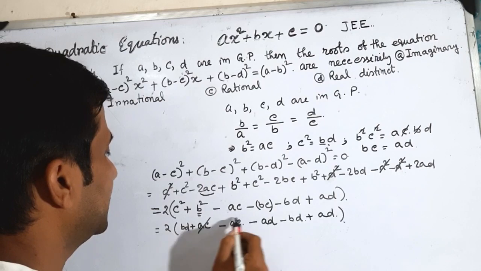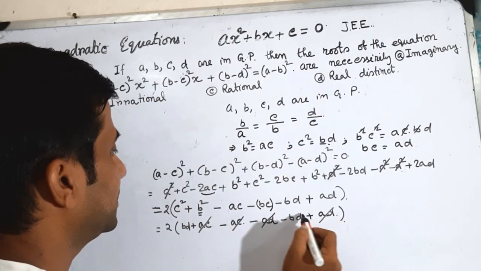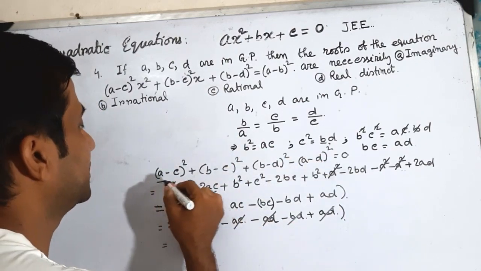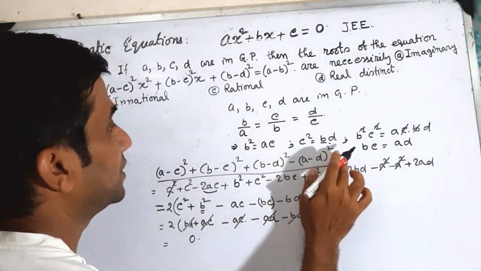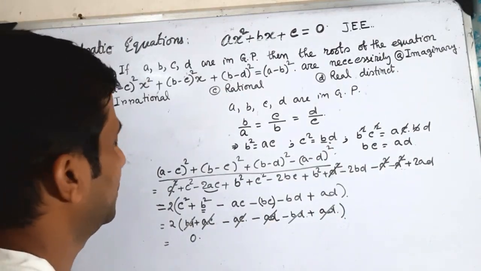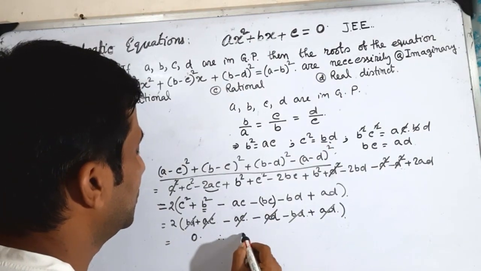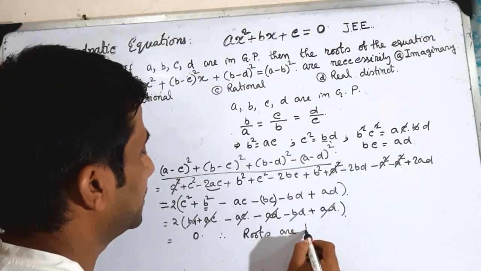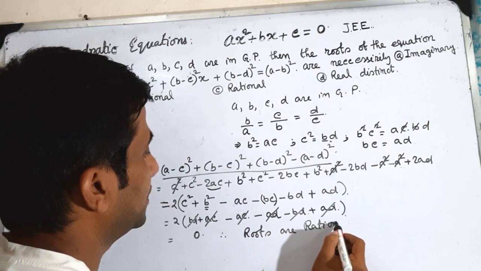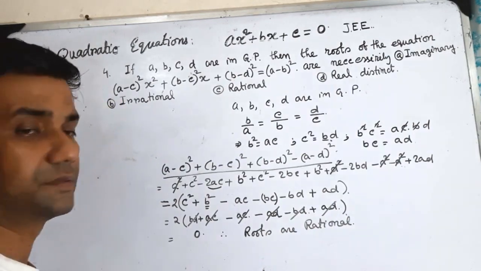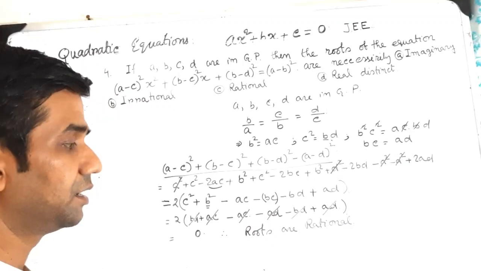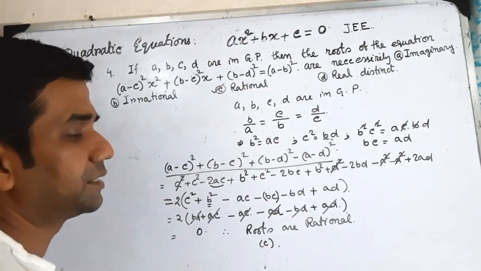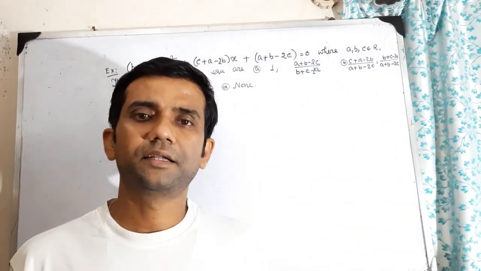We get plus ac minus ac minus ad plus bd minus bd is equal to 0. That is, the sum of the coefficients is equal to 0. Therefore roots are rational. So C is your correct answer. It is another very simple problem.